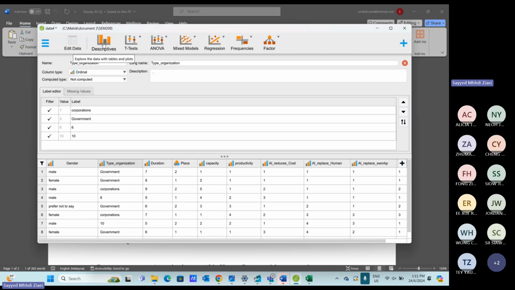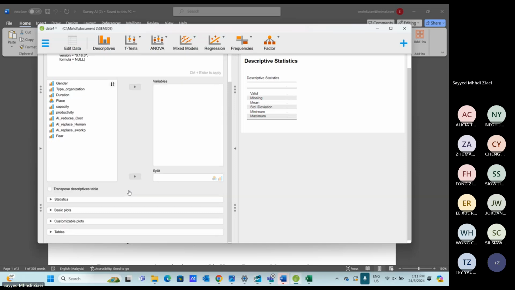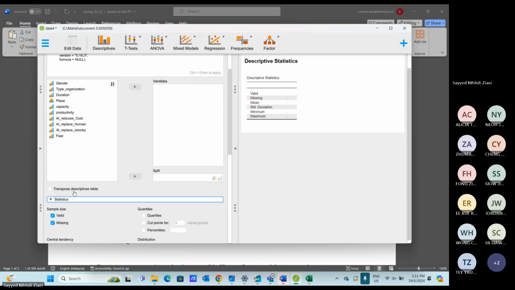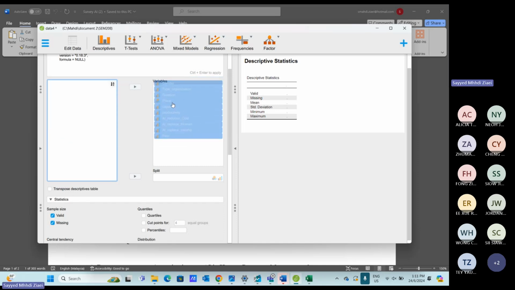Okay, the second important thing is the descriptions. So again, if you want to have description of all your variables, take all of them, Control A, and drag them and put them here, just drag.